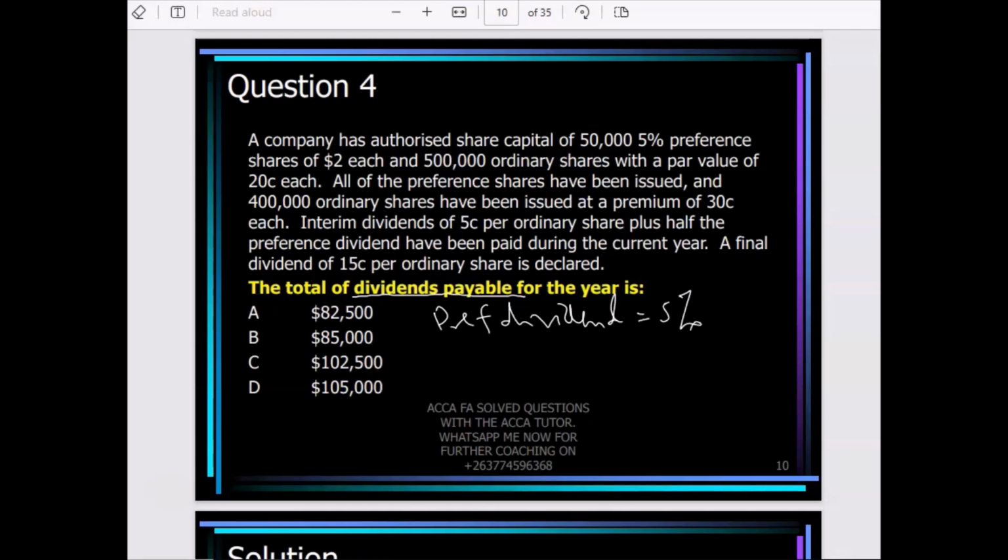Okay, that's the rate at which the dividend was being paid, multiplied by the value of shares. Now, the value of preference shares, we are told that they were 50,000 in total, but they were worth how much? They were worth $2. So at $2, and what do we get?